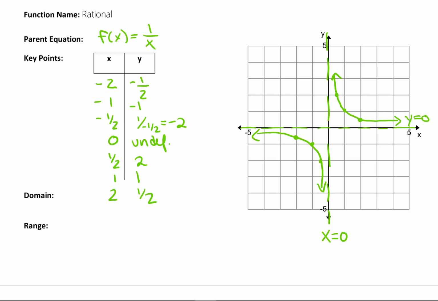This graph actually has a horizontal asymptote as well. So if we go and put down the domain from left to right, we go from -infinity to 0, we jump over 0, then we go to +infinity, and the same thing for the range with our y values.